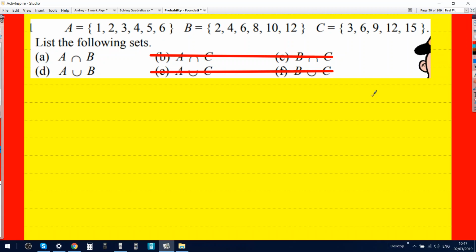Okay, list the following sets. So A and B. Is it 2, 4, and 6? Yep.